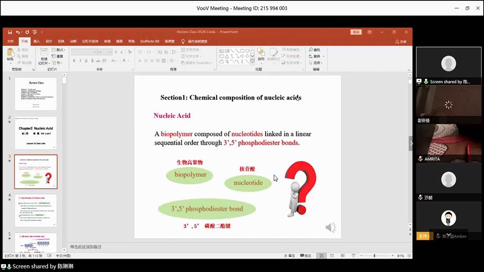In this chapter, first you should remember the definition of nucleic acid. You should know that nucleic acid is a biopolymer composed of nucleotides linked in a linear sequential order through 3' 5' phosphodiester bonds. And on this key point, I will give you the single choice question, okay? So remember that the important bond in nucleic acid is called the 3' 5' phosphodiester bond.